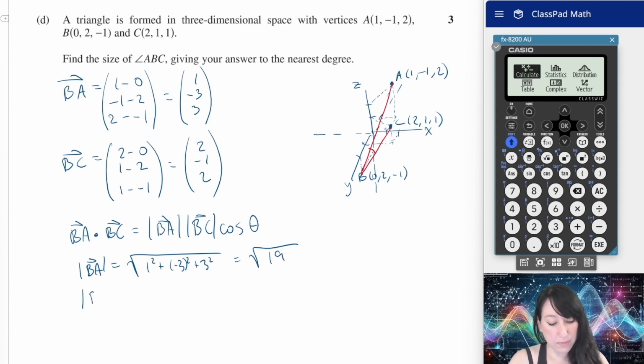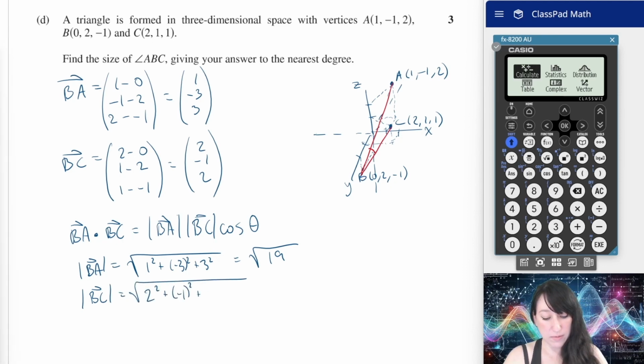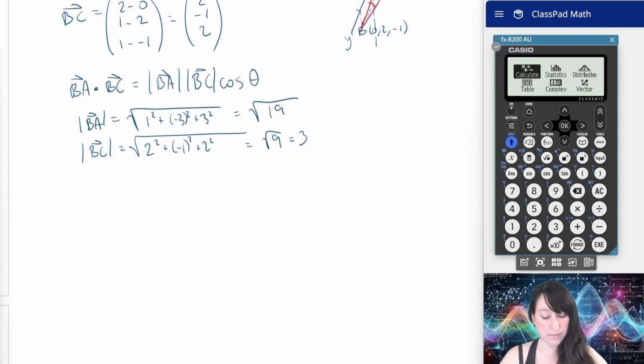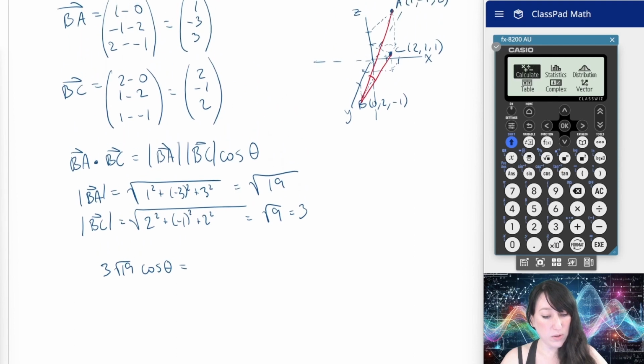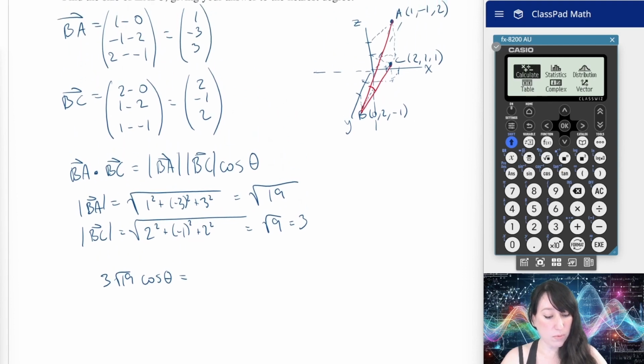Let's find the length of BC. So that's the square root of 2 squared plus negative 1 squared plus 2 squared, square root of 9, which is 3. So we'd have 3 root 19 times cosine of the angle between them is equal to their dot products, which we can do as the product of each of their components added together.